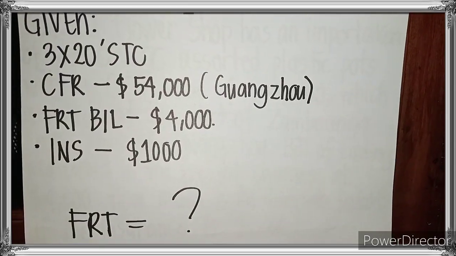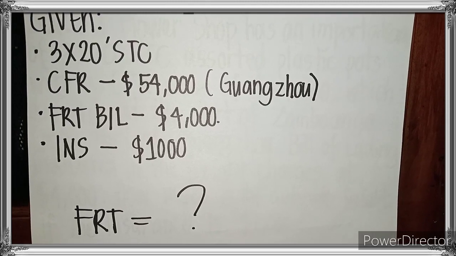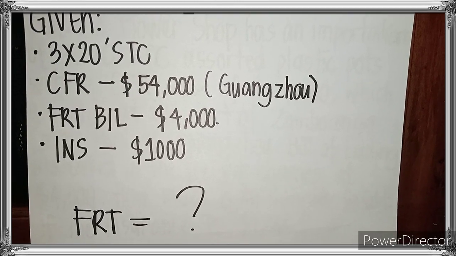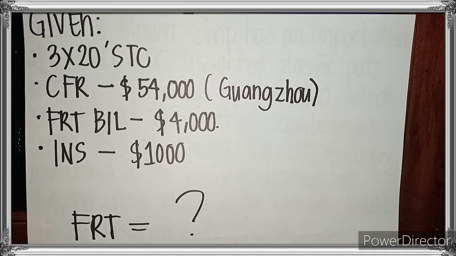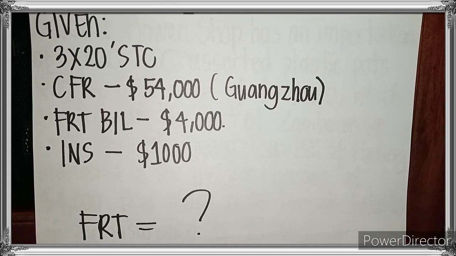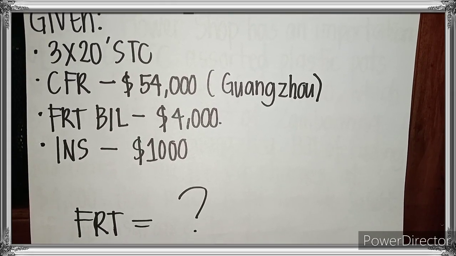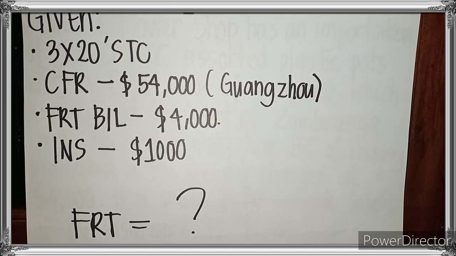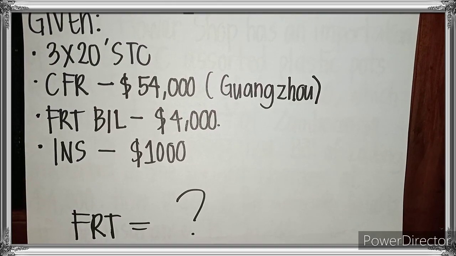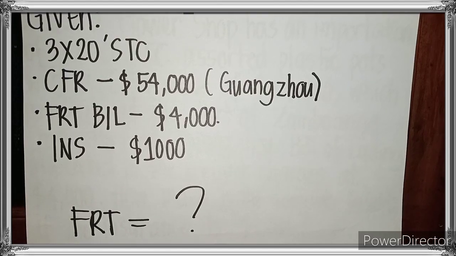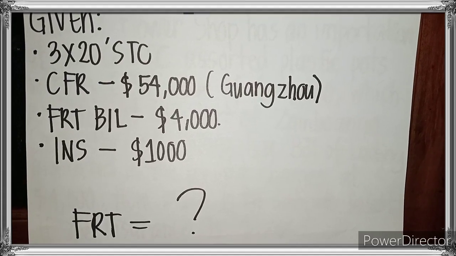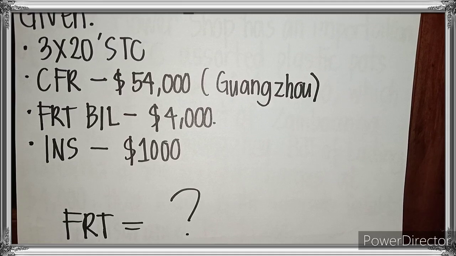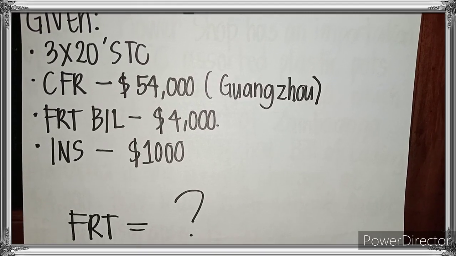Again, here are the givens: 3x20 STC and CFR of $54,000 from Guangzhou, freight per bill of lading of $4,000, and insurance of $1,000. What we need to find out is the freight.